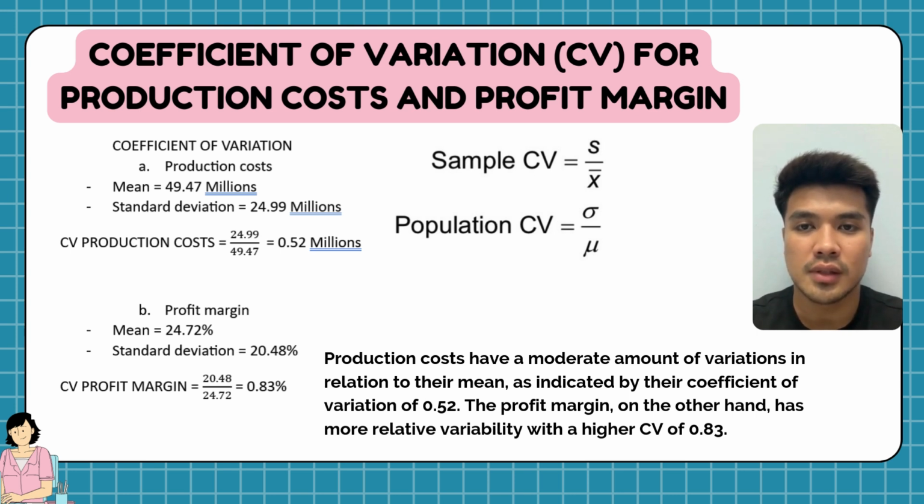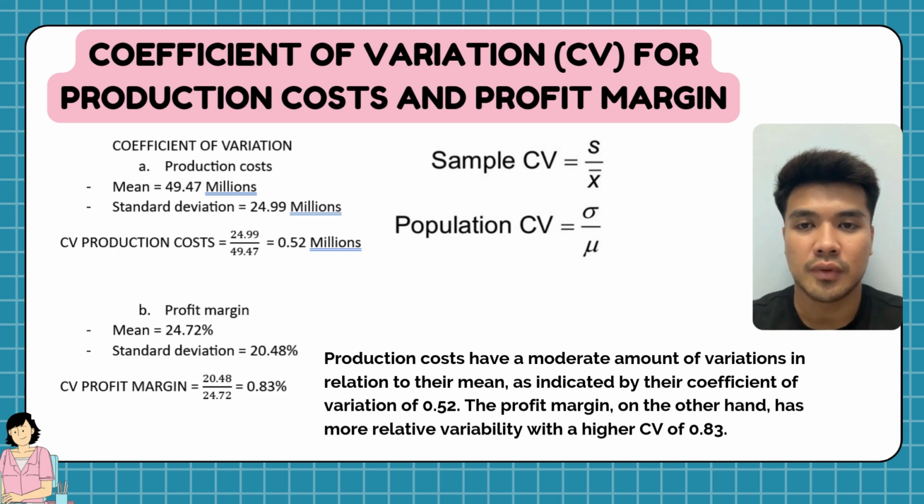Coefficient of variation, CV, for production cost and profit margin. To calculate the CV, we must divide the standard deviation by the mean. For production cost, the mean is 49.47, and the standard deviation is 24.99. The CV for production cost is 0.52 million, while the CV of profit margin is 0.83%.